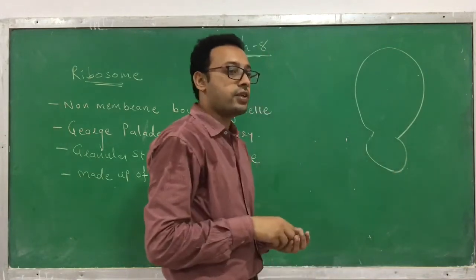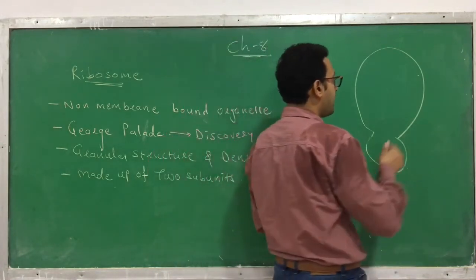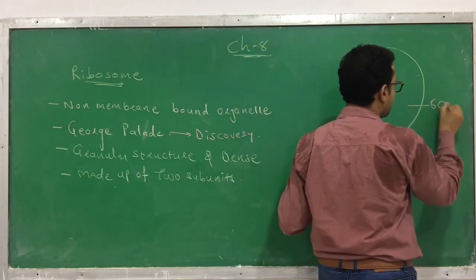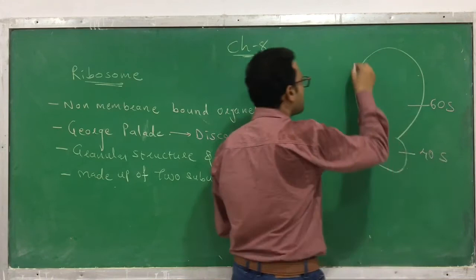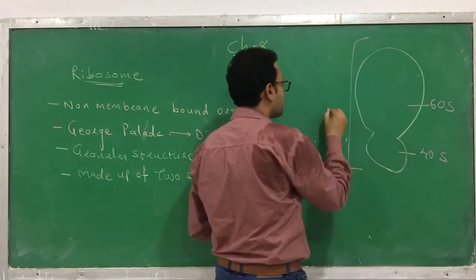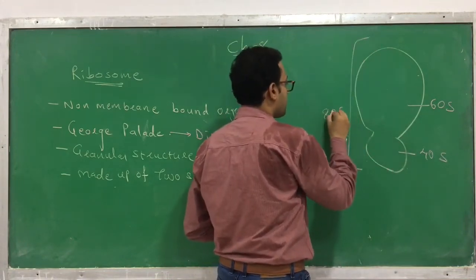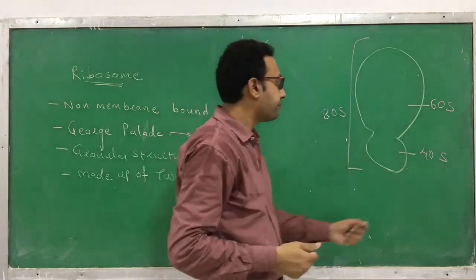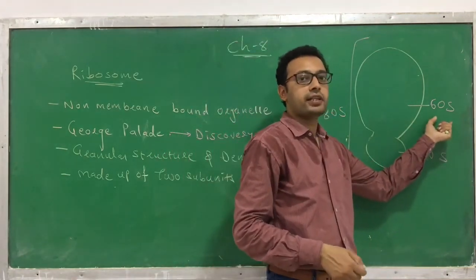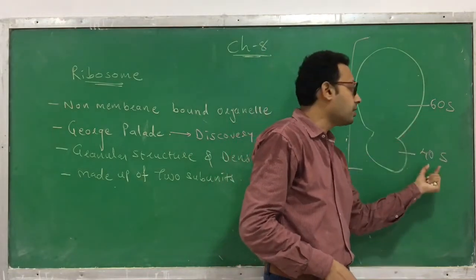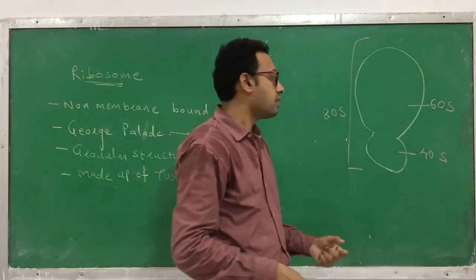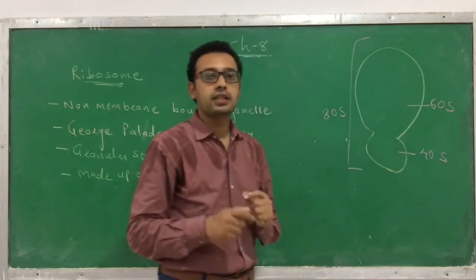In the eukaryotic ribosome, the size of the larger subunit is 60S, the size of the smaller subunit is 40S, and the total size is 80S. I repeat, you have to remember this.